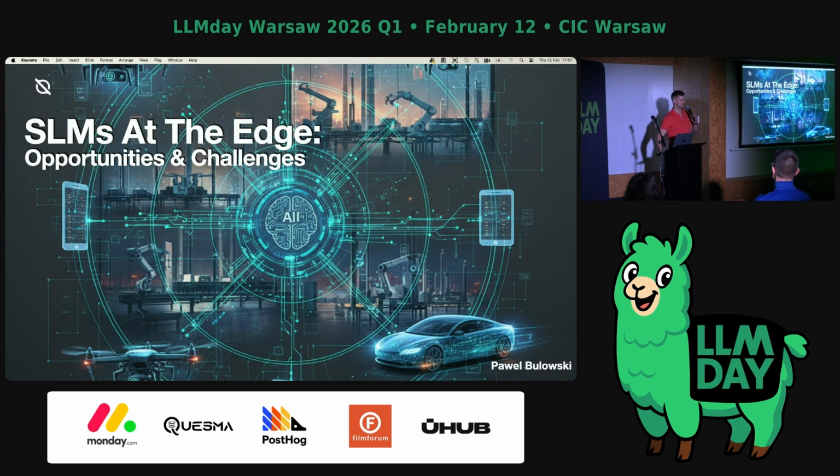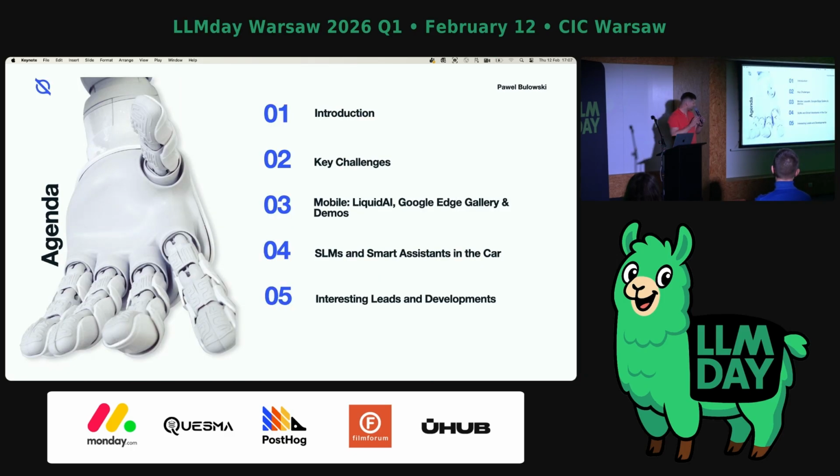Today, obviously, it's a very vast topic, and it's only 20 minutes. So a couple of things that I want to talk about. Key challenges: I want to focus on two environments where I've been experimenting heavily with SLMs.